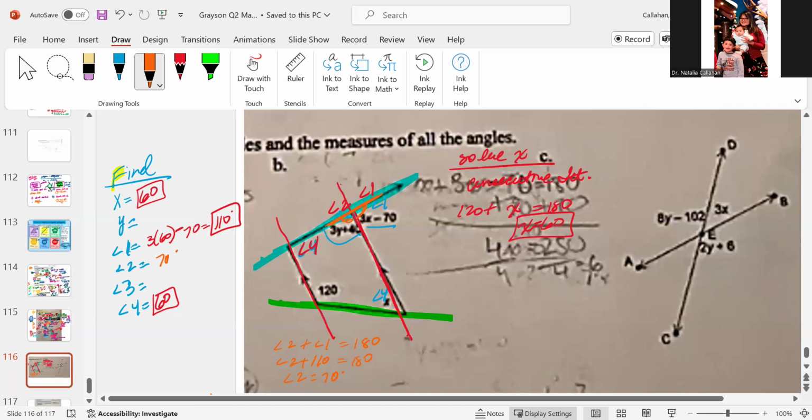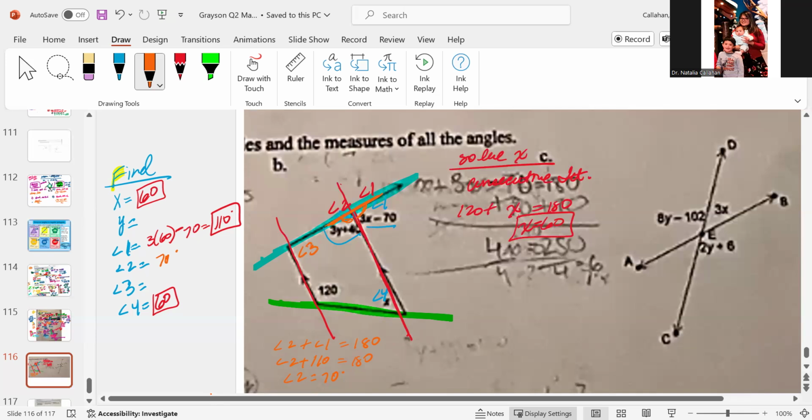What other angle do we need to find? What's another angle that's missing? Angle 3. Do you see angle 3 right there? Do you see how angle 2 plus angle 3 plus angle 4 plus 120 are in a quadrilateral?